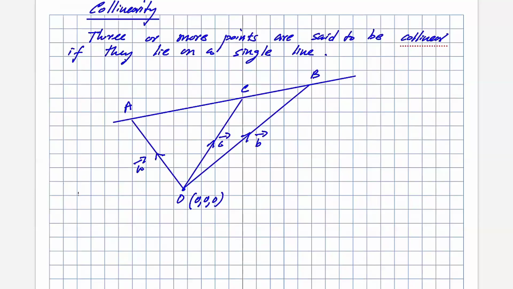So what are the relations you can make here? One relation can be AC is equal to M times AB. So we can construct this relation if ABC are collinear.